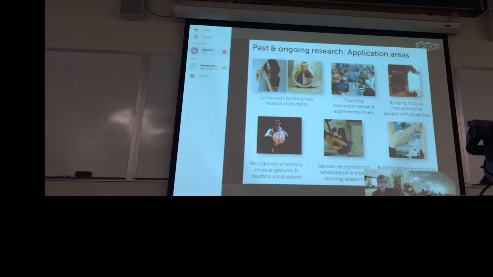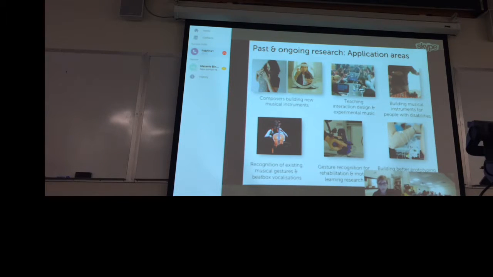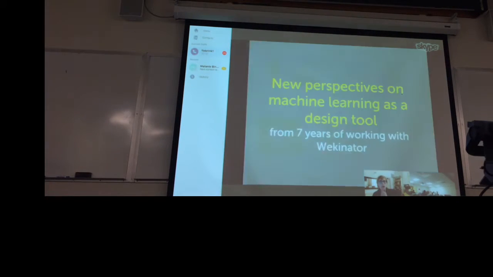And most recently have a big project here at Goldsmiths around building better prototyping and development tools for startups. So here the users are not composers, but they're people working at a startup trying to build tools that can be easily customized with machine learning. So I've got papers on all of these things. If you're interested and want to hear more about something, ask me a question or send me an email.